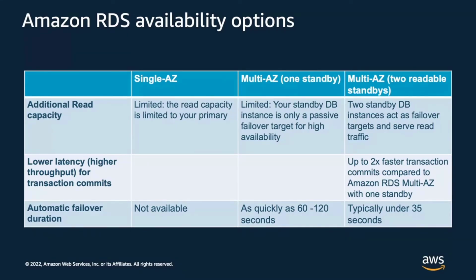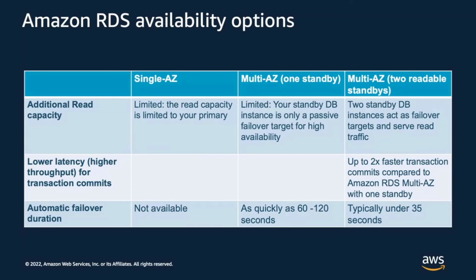For multi-AZ with 1 standby, you get no additional read capacity as your standby DB instance is only a passive failover target for your high availability. But for multi-AZ with 2 standbys, your 2 standby database instances act as failover targets and also serve read traffic. Read capacity is determined by the overhead of write transactions on your primary instance.